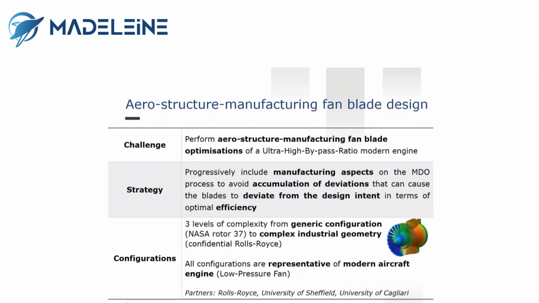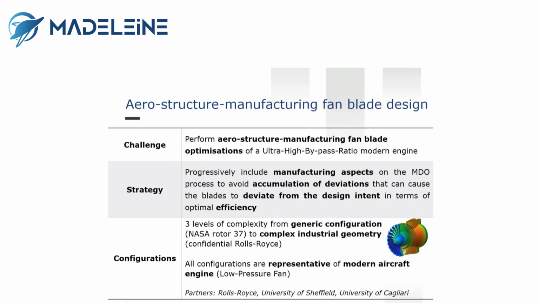The second test case was aerostructure fan blade design, or optimization of a UHPR model engine. The challenge here was also to include manufacturing criteria in the design process.